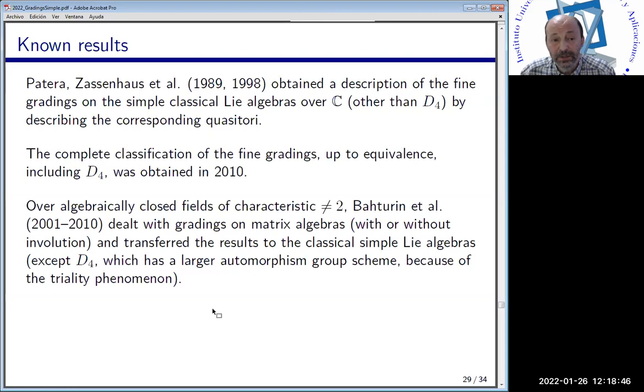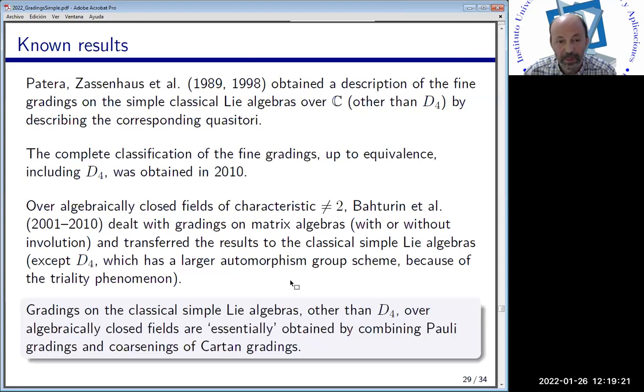And then over algebraically closed fields with characteristic different from 2, it was Bakhturin and his collaborators, Segal, Seisev, Sestakov, also Koshetov, and I guess I mentioned the main collaborators of Bakhturin, that they dealt with gradings in the associative settings on matrix algebras with or without involution, and transferred the results to the classical simple algebras. Again, they were not able to transfer the results for D4 because of the triality phenomenon.